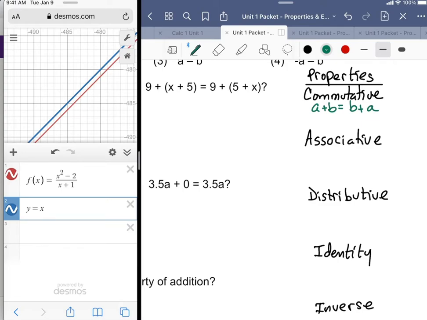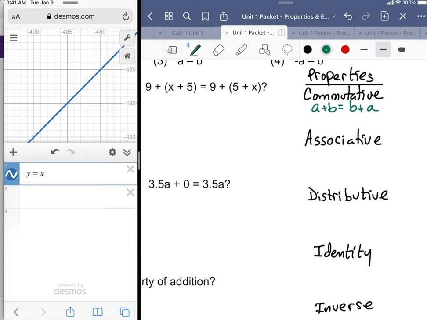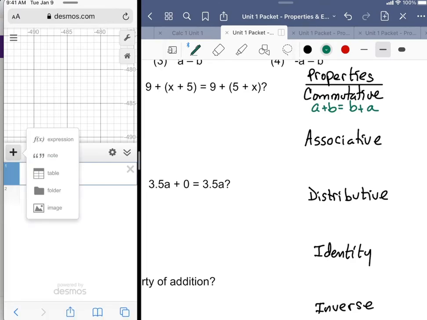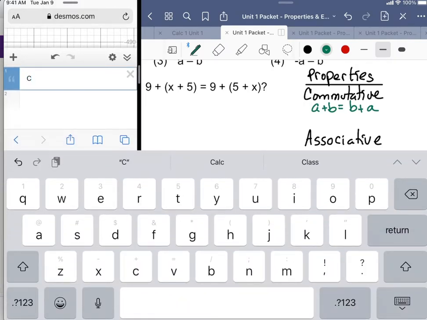All right. So I'm going to simultaneously with using the pencil paper approach, I'm going to use Desmos to draw up a little, I'll call it a cheat sheet for you, using some notes. We have commutative property.